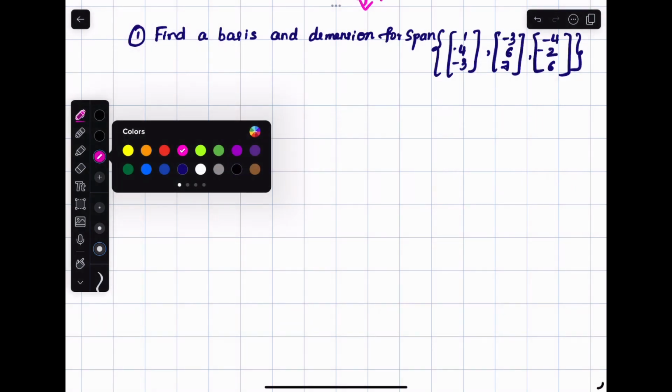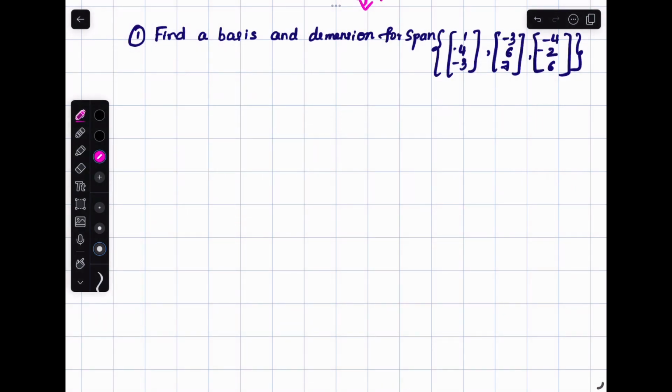Find a basis and dimension for the given vectors. You write the vectors in the matrix form: 1, -3, 6, 7, -4, 2, and -2, 6. Let's apply the row transformation.